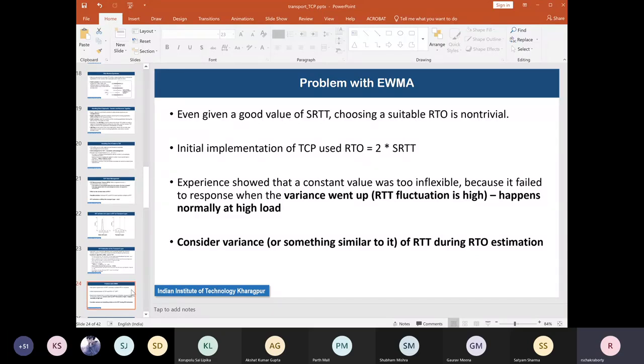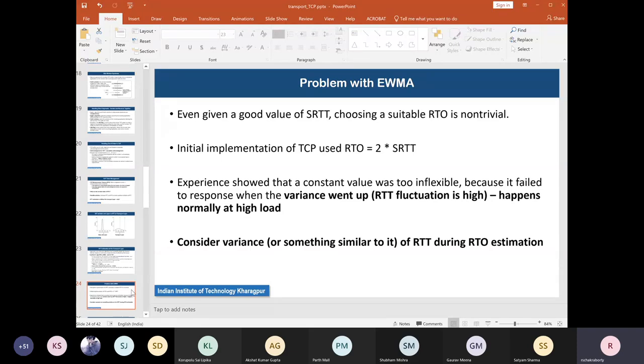Initial versions of TCP used to use a constant multiple of SRTT, like 2 times SRTT. However, as I mentioned, this is not good, because RTT fluctuation itself is too high. SRTT can also fluctuate within a short amount of time.